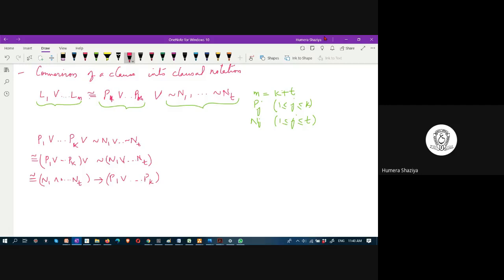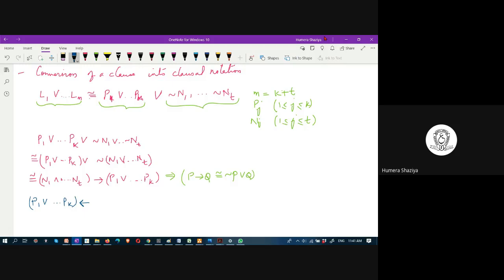How did you get this? Because we know that P implies Q is equal to not P union Q. Because of this equivalence rule, we obtained this equation, which can be written as P1 or up to Pk.